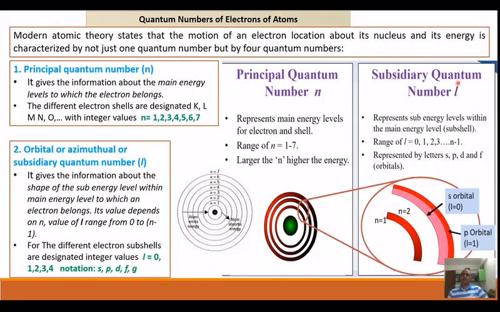The subsidiary quantum number l represents the sub-energy level within the main energy level, where l equals 0 to n minus 1, and is represented by the letters s, p, d, f orbitals. See here this shell, and inside this shell there are again subshells. This is the second quantum number, the orbital quantum number.